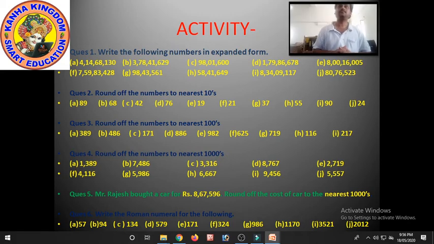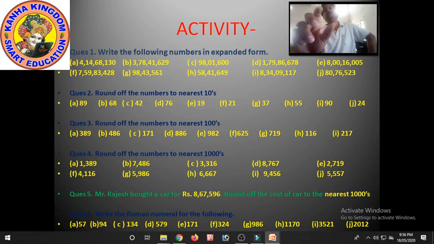Okay, now we move to nearest 10. In this question you have to find the nearest 10. I give you another 10 subparts of this question.